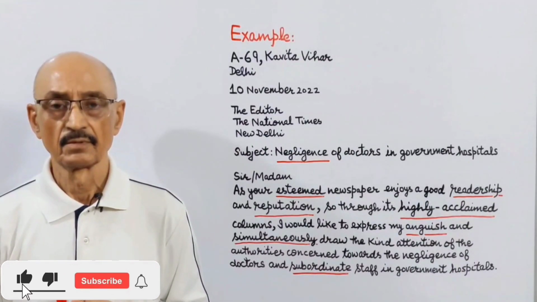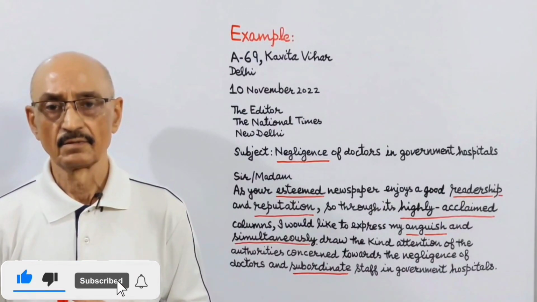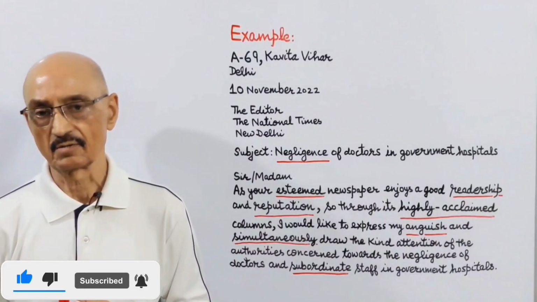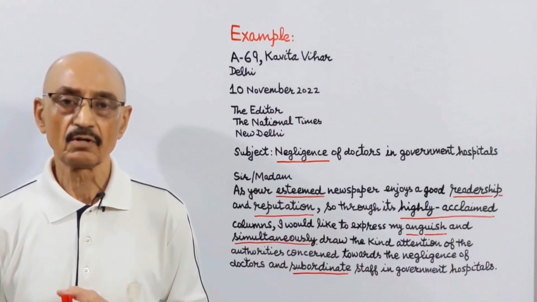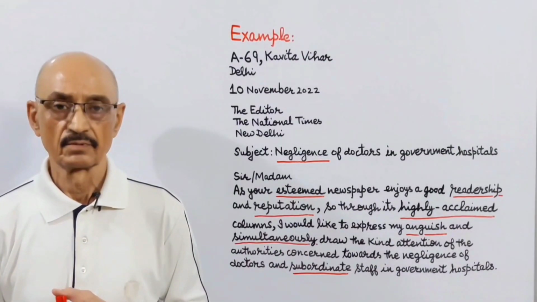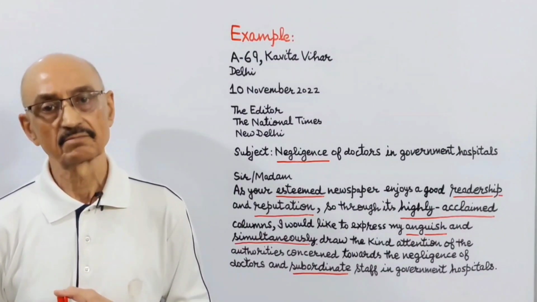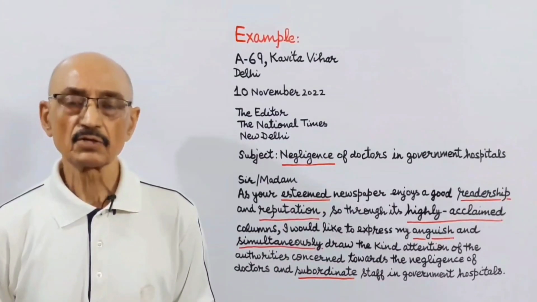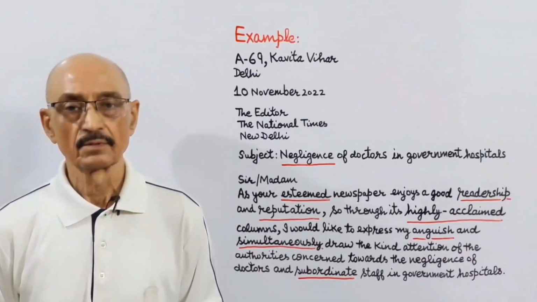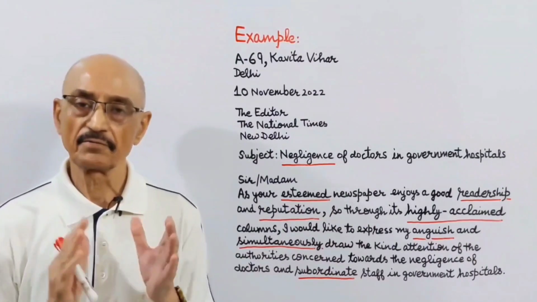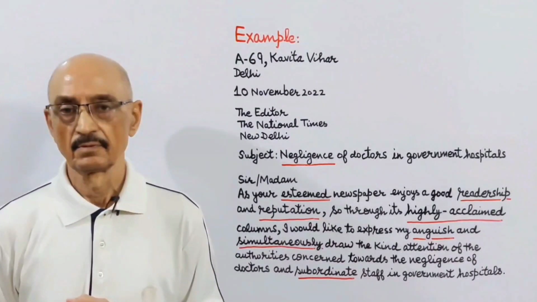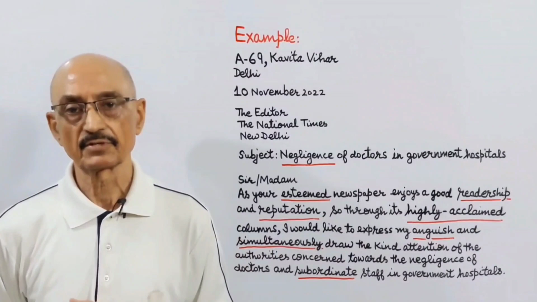Third, this beginning is a very conventional one. Almost all the students start writing like this. You should try to write a different language, a different sentence for this opening para.